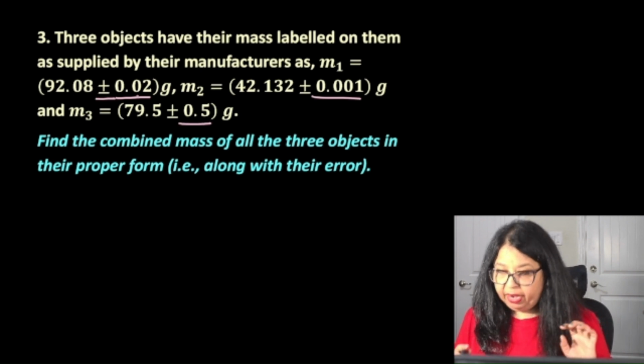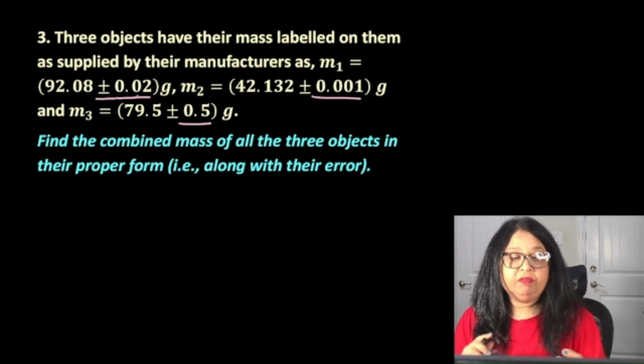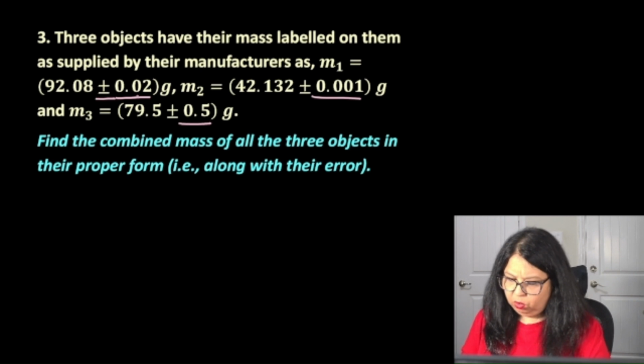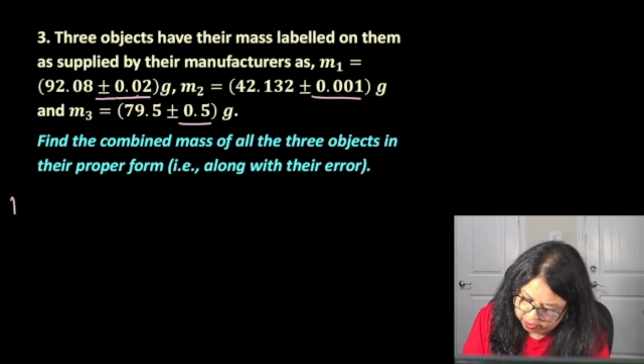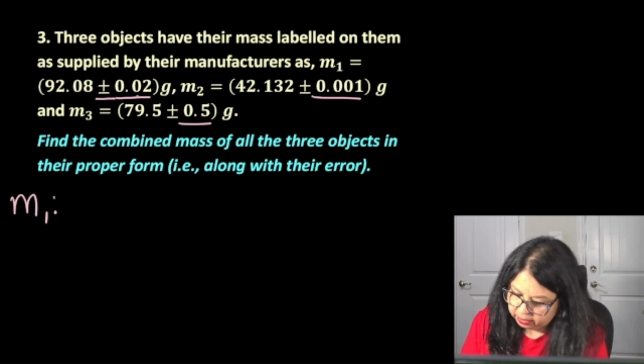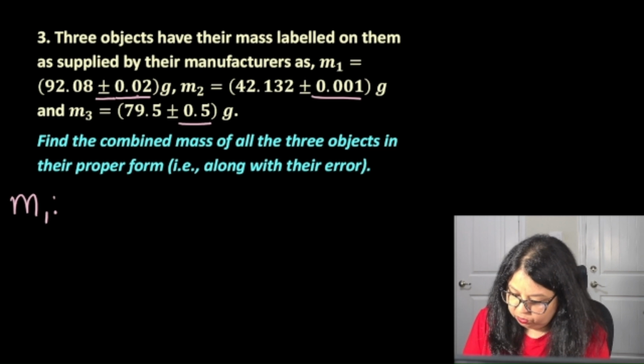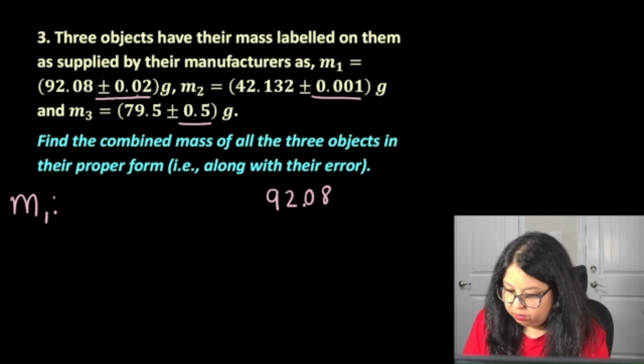Let's go ahead and tabulate the values of M1, M2, and M3, and then find out the combined mass. So we're told that M1, its value is 92.08 plus minus 0.02 grams.